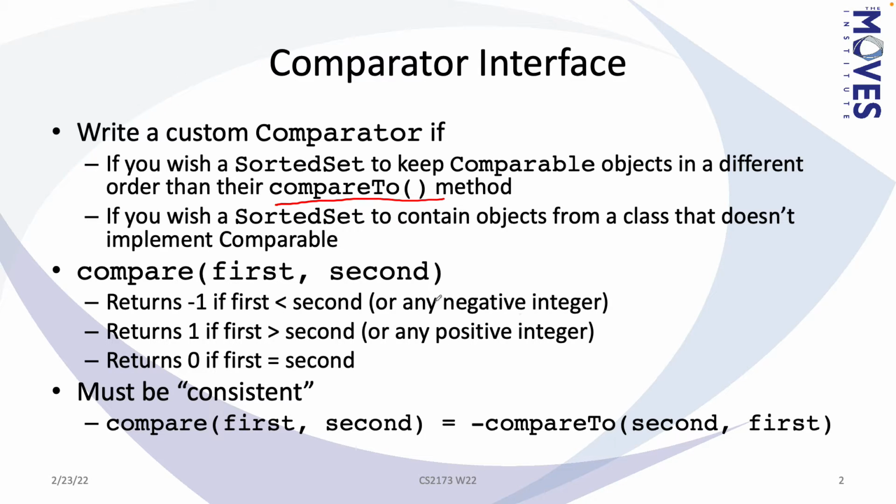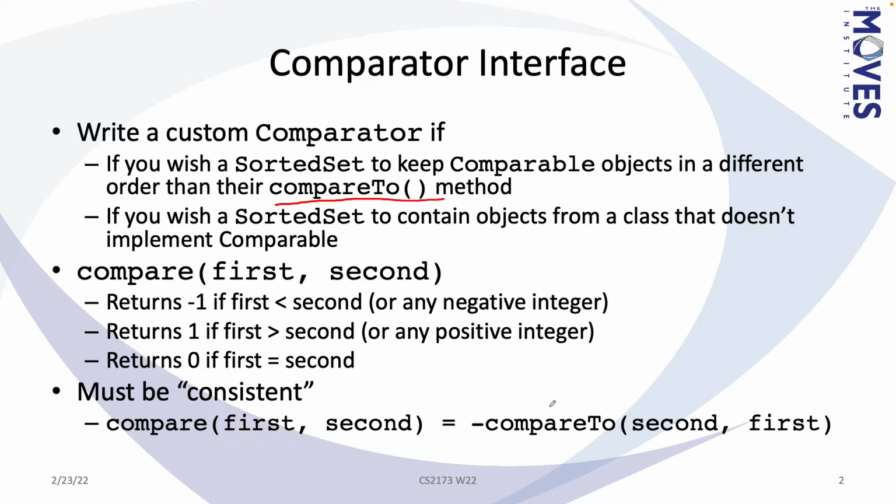Like the compareTo method, the comparator takes two items and says, is the first less than the second, or greater than the second, or are they equal? And again, like the compareTo method, since it's written in code, it stands a chance of not being correct.